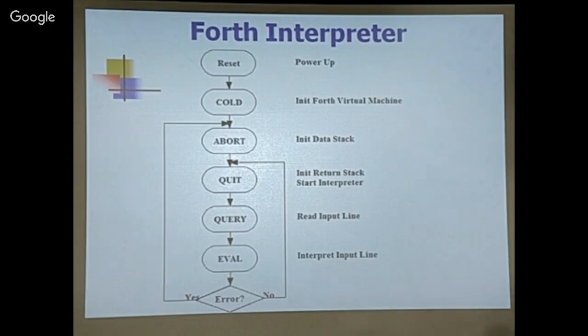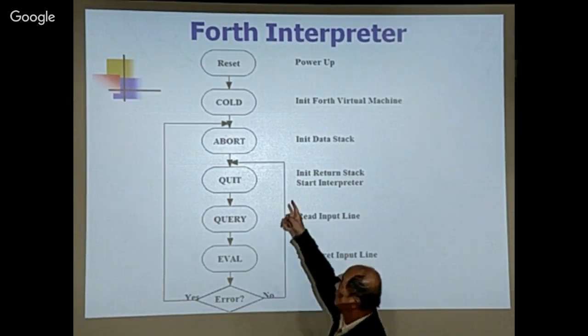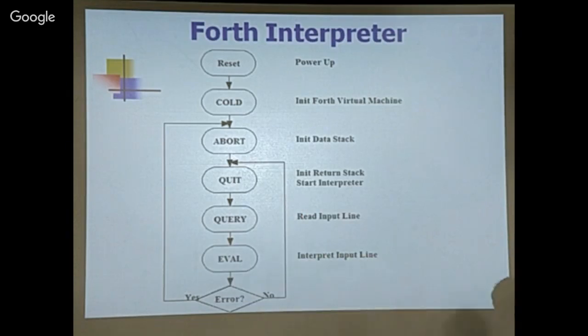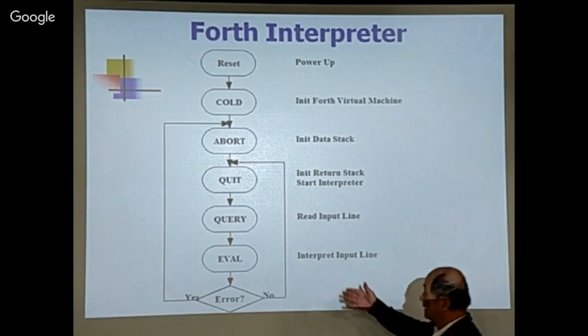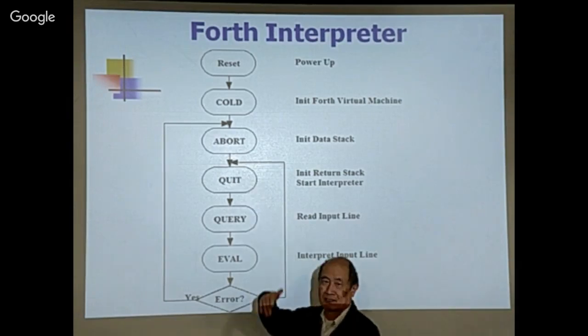All these things just set up everything until you can evaluate a line of Forth words. And then this query is the user interface. How you get a line of code depends on the system.